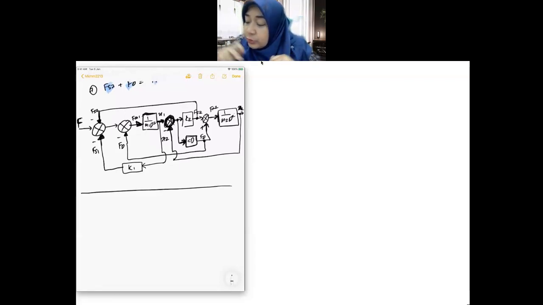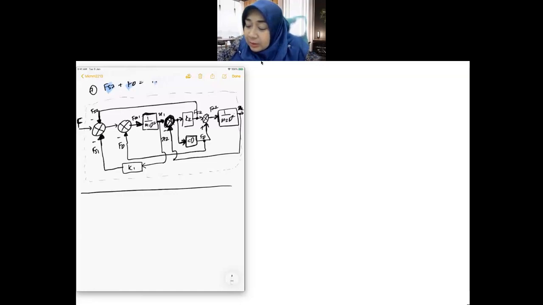What I'll do is I will take this whole block. How to do that? Let me just write this. I will take this whole block as one transfer function. That whole block we can do what we call block diagram manipulation, which is taught in your control system course.